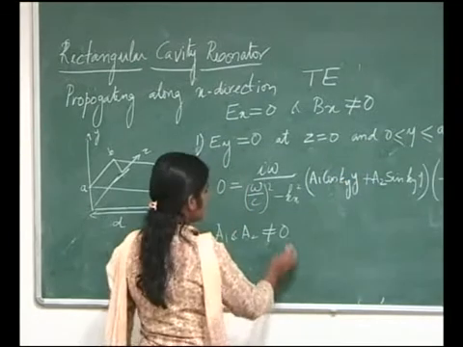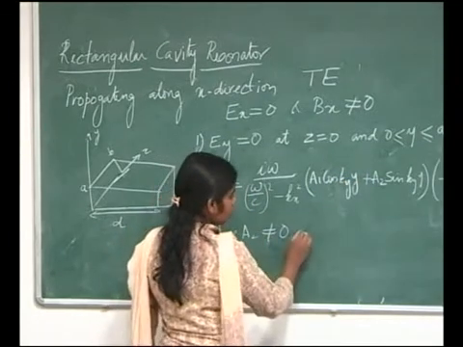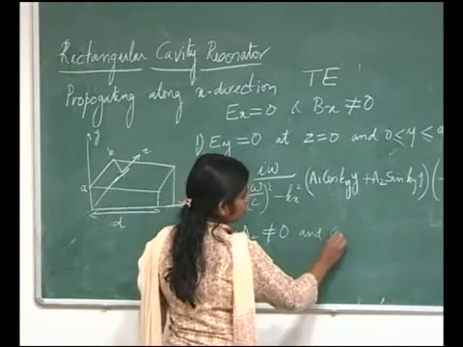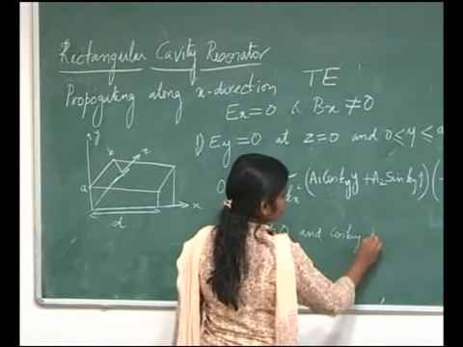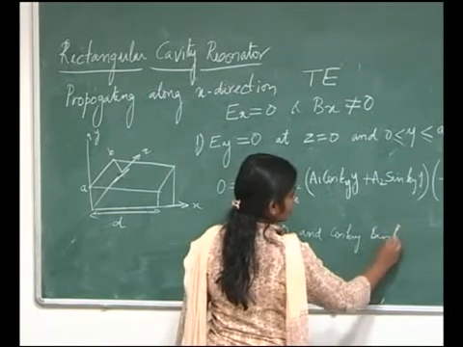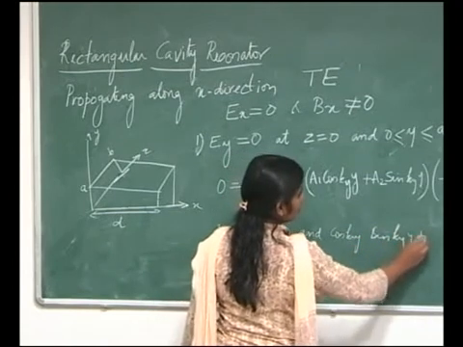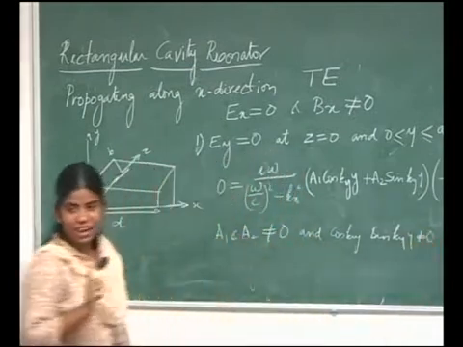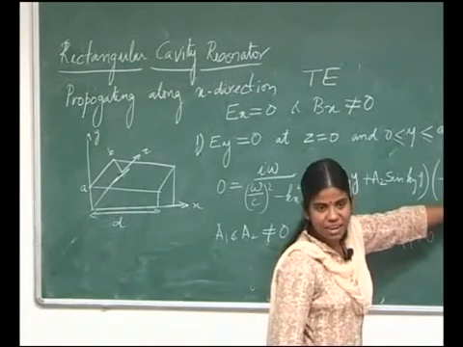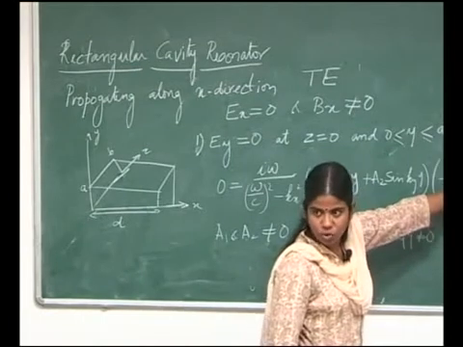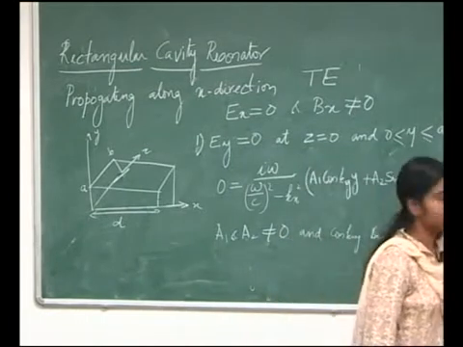So a1 and a2 are not equal to 0, and also cos kyy and sin kyy are not equal to 0. Now at z equal to 0, this term goes to 0, but this term becomes 1.